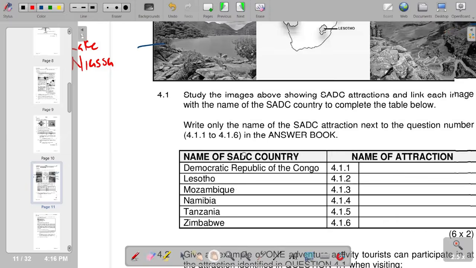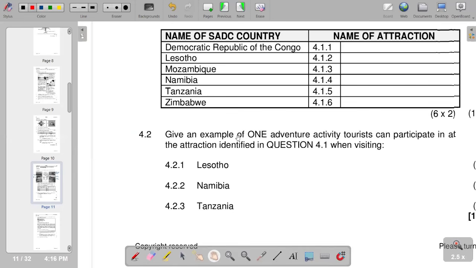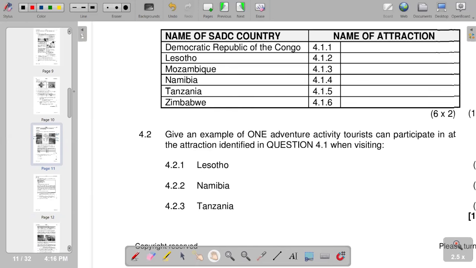And then we move on to the next question, 4.2, give an example of one adventure activity tourists can participate in at the attraction identified in question 4.1 when visiting Lesotho. So for Lesotho, we said this is the Sani Pass. So what is an adventure activity that can be enjoyed?